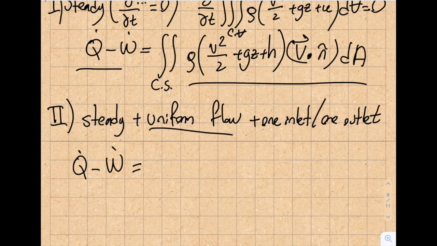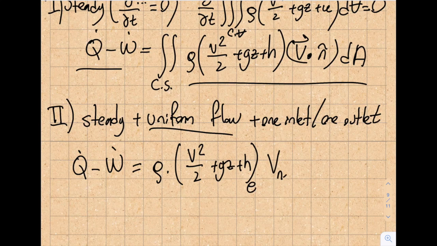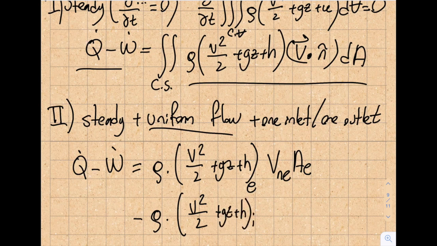So I'm simply going to have the density times V squared over 2 plus gz plus h at the exit, V_n exit, A exit, minus rho V squared over 2 plus gz plus h at the inlet, V_n inlet, A inlet. I have only one inlet and one outlet, so we can call this exit and this inlet. It doesn't have to be constant density. I didn't make that assumption, right?